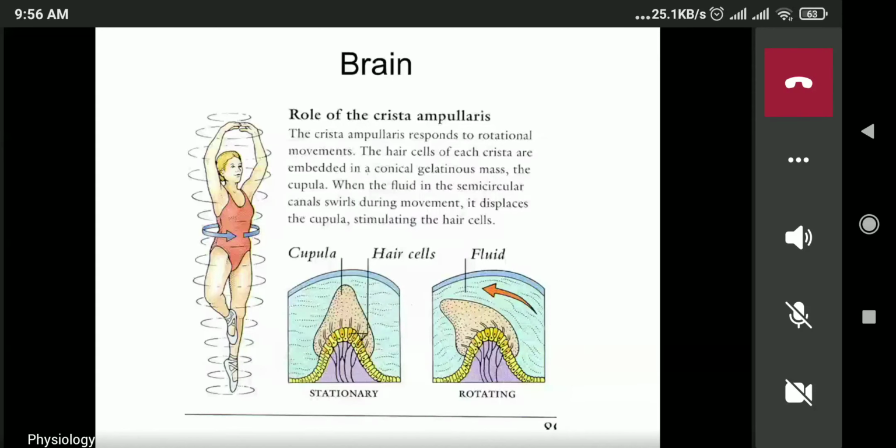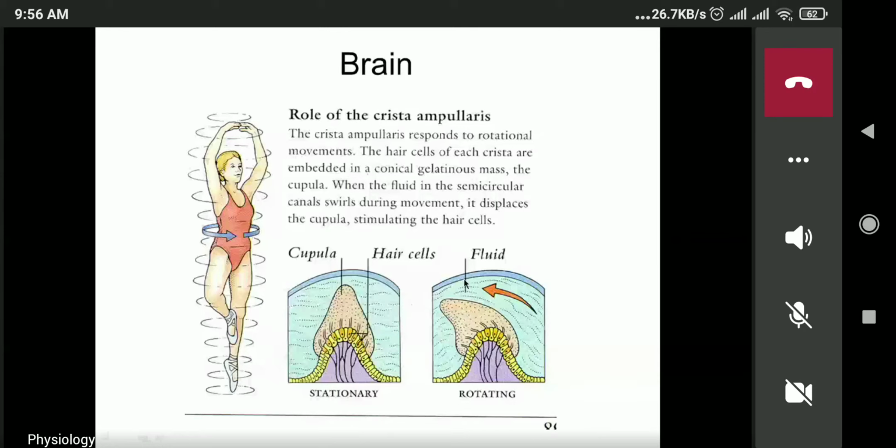Now you see, here it is a valid answer. When she is rotating her body, the fluid around the cupula is flowing, suppose in this direction. And when she stops, the fluid moves in another direction.